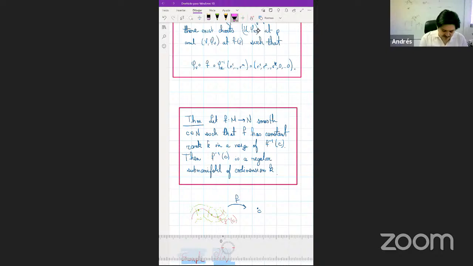Now, something that maybe I haven't mentioned is the codimension.